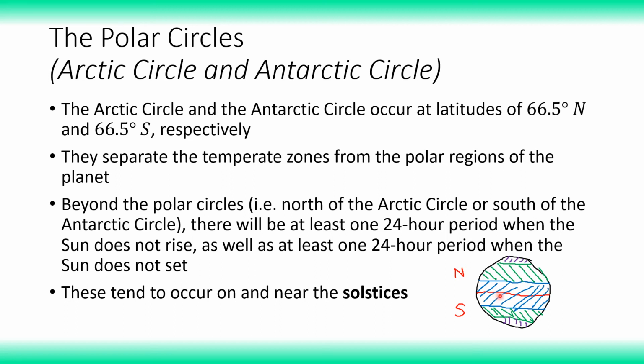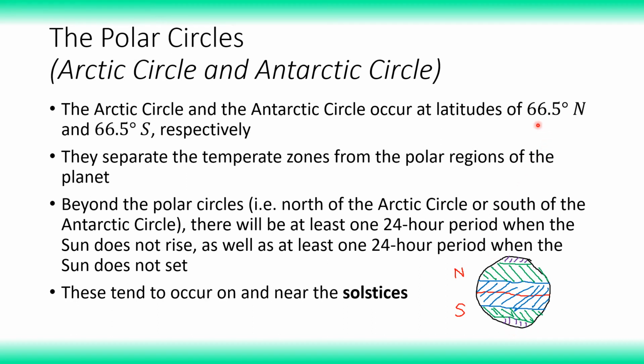If you go far enough north or south, then you'll eventually get to a point where there's at least one 24-hour period when the sun does not rise at all. So basically a full day without any sunlight, as well as at least one 24-hour period where the sun does not set, so a 24-hour day. And so those regions occur north of the Arctic Circle and south of the Antarctic Circle.